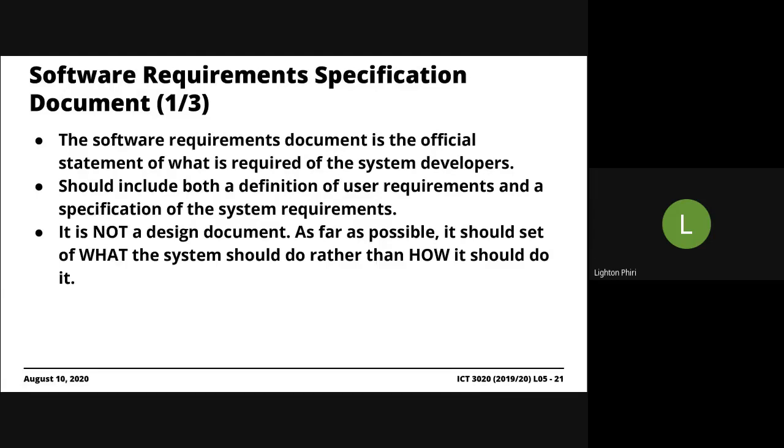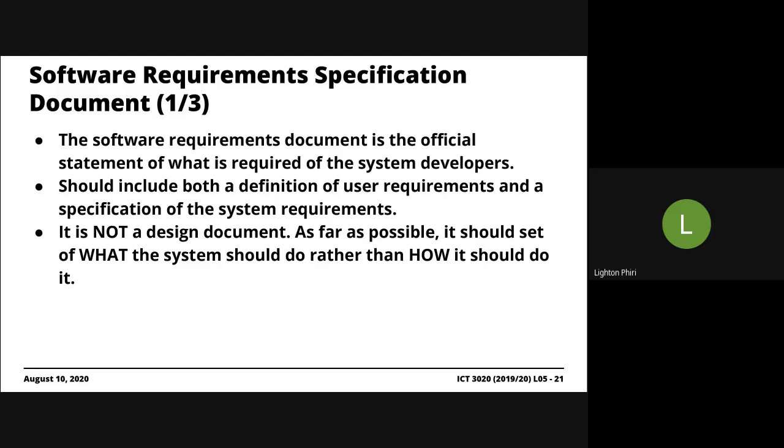It's an official document that is supposed to explicitly state what the developers, the people developing the system, are expected to do, what sort of functionality or features they should be implementing.